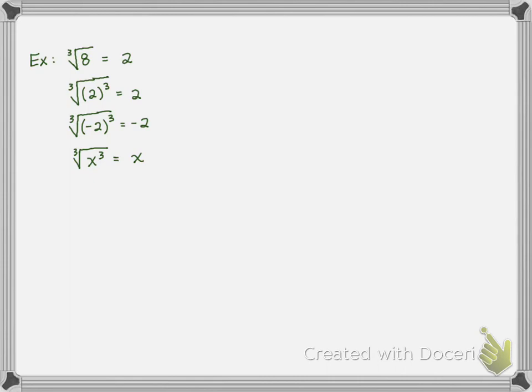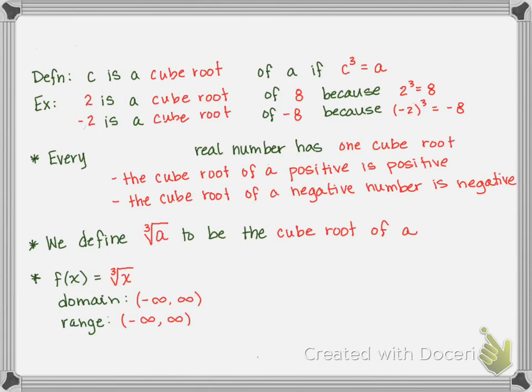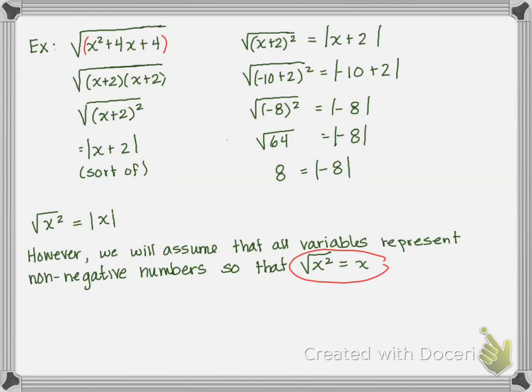So let's generalize all of this. We looked at the square root and we looked at the cube root, and those are examples of even roots and odd roots. And it turns out that all even roots basically behave like the square root, and all odd roots basically behave like the cube root.